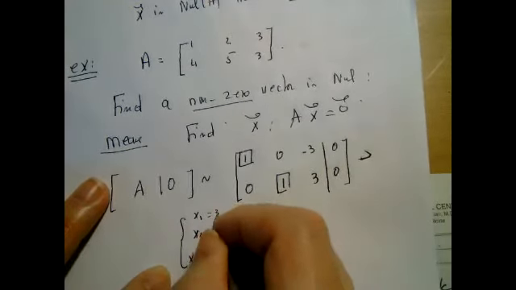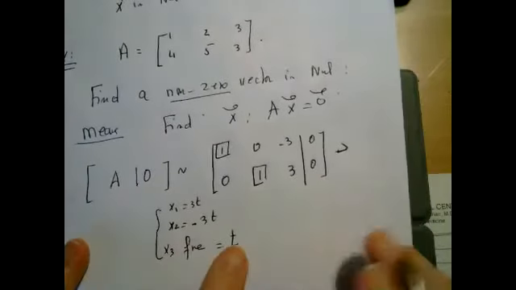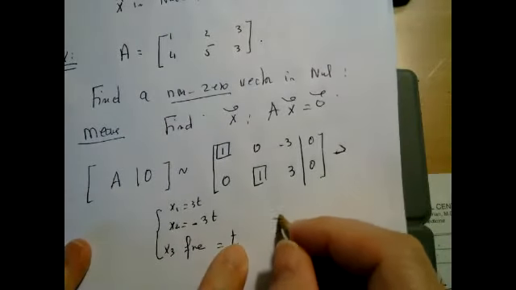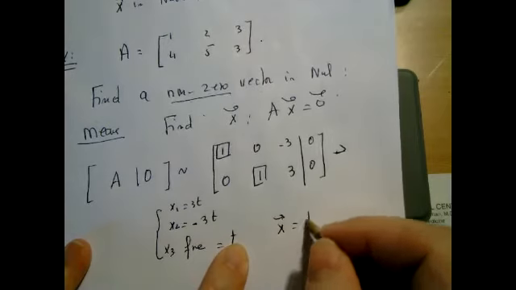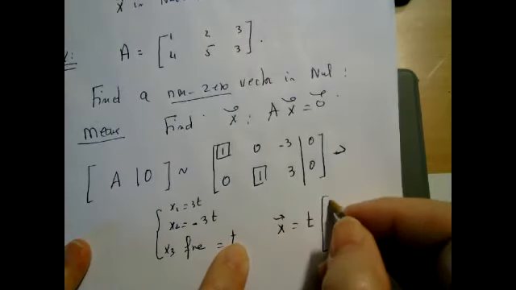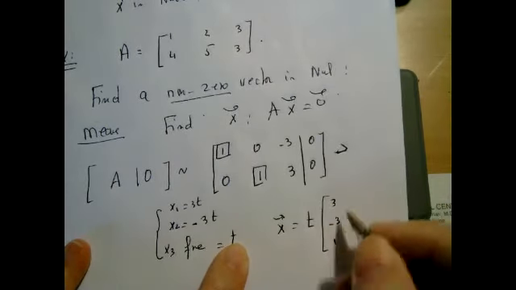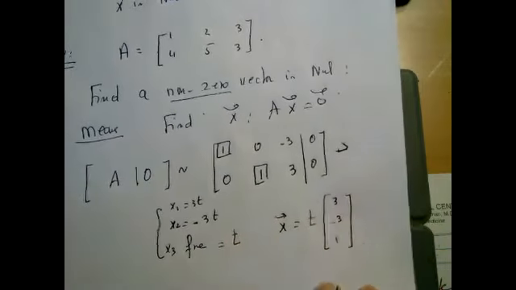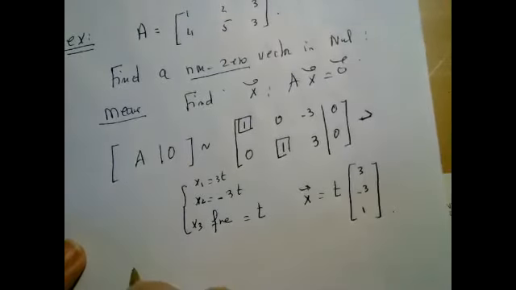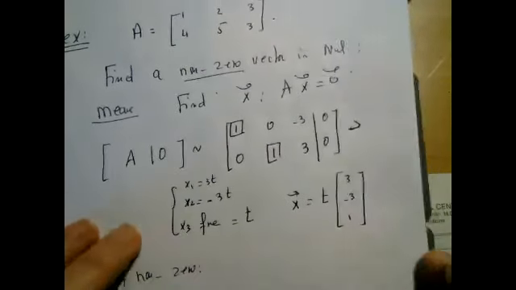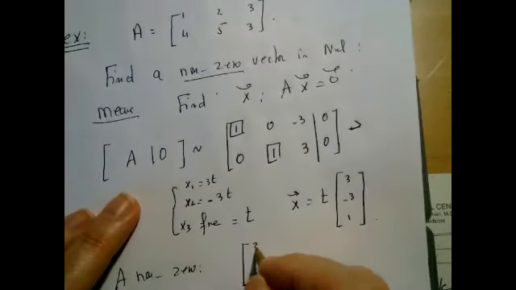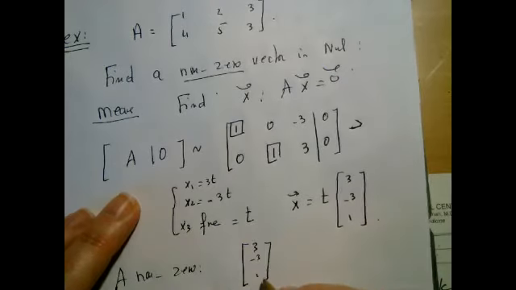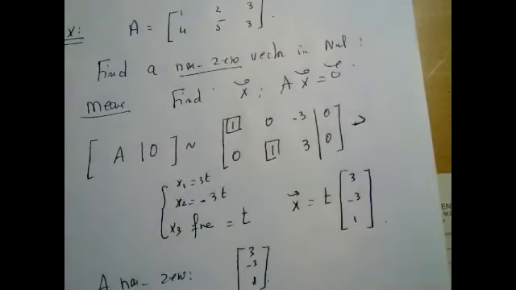And x1, 3t. It means every solution in vector form, they have to be in vector form, is of the form t times (3, minus 3, 1). So a non-zero vector in the null is, you can take (3, minus 3, 1). Okay, so that's what the null is, all the solutions.